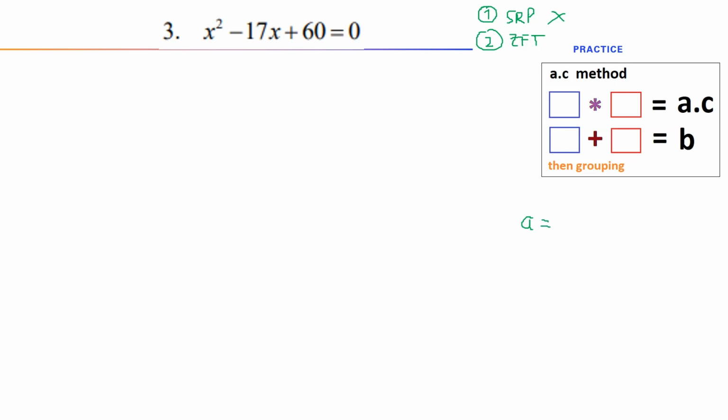A is 1, B is negative 17, and C is 60. A is 1 times C is 60, B is negative 17. So what are the two numbers that multiply to 60 and sum up to negative 17? We're thinking about 5 and 12, right? 5 and 12 make 60, but we need the sum to be negative, so both of them should be negative, right?